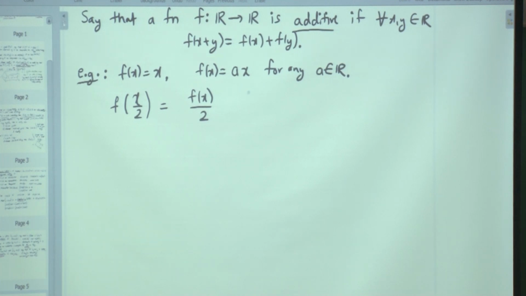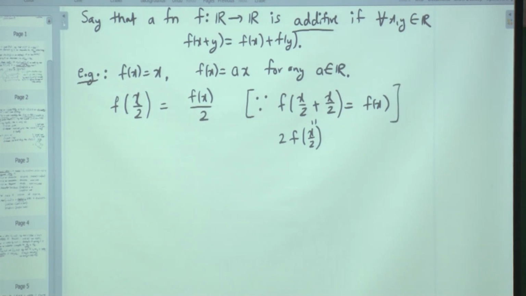Because f of x by 2 plus x by 2 is equal to f of x, and by additivity this is equal to 2 times f of x by 2.